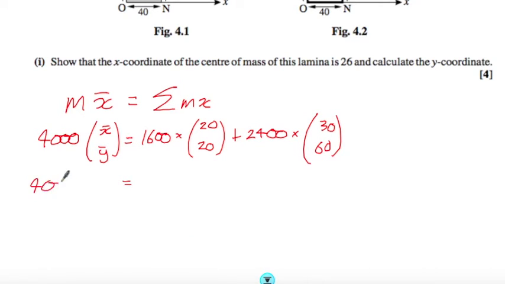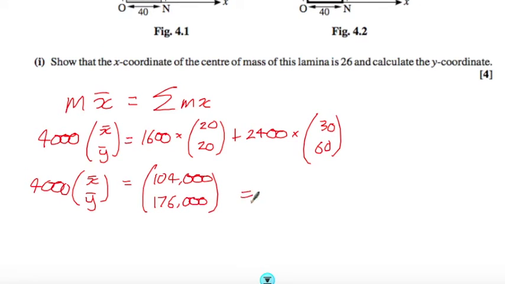so I'll do the x's first. So 1,600 times 20 plus 2,400 times 30 gives 104,000. And then on the bottom, 1,600 times 20 plus 2,400 times 60 is 176,000.